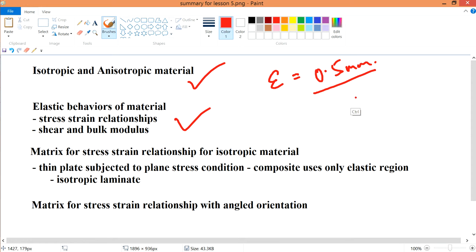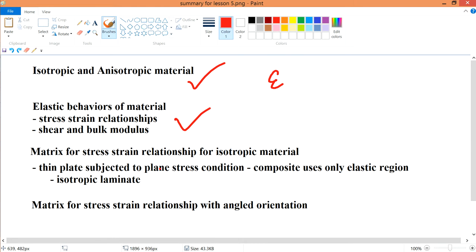If it exceeds 0.5 millimeter, the composite material will break. So once you set up the matrix and calculate your strain, you have to ensure that your strain values are lower than this. This is just my assumption of how this is being used, but at least you get to see the importance of the matrix and why we want the stress strain matrix.